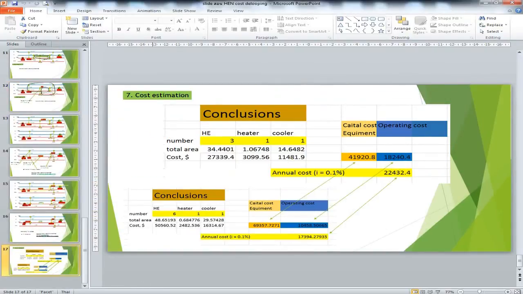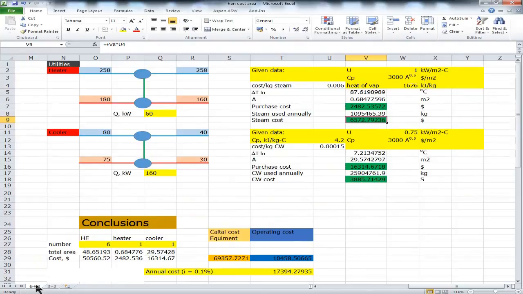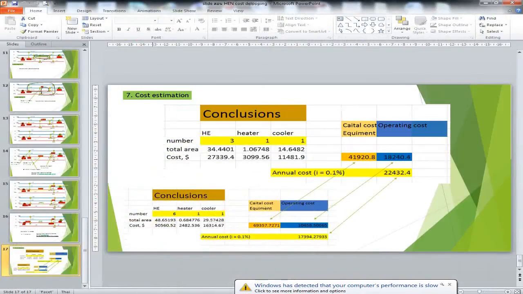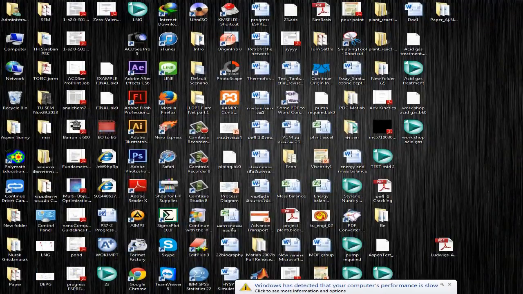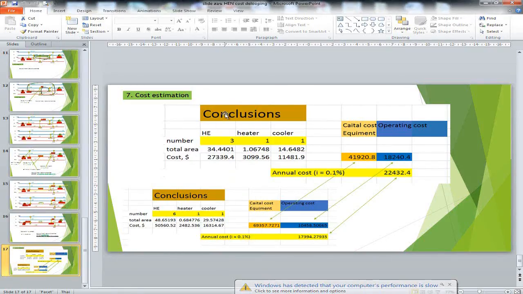Okay. Now, in this spreadsheet, I already gave you the systems of 6 plus 2 and 3 plus 2. So referring to the calculation of 3 plus 2, I can get the annual cost around 22,000.